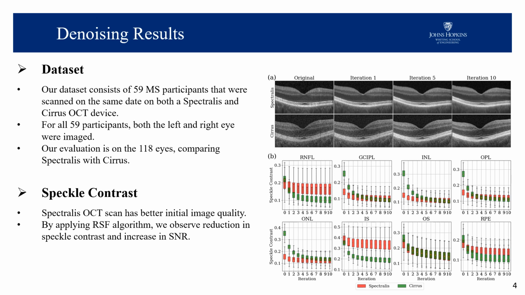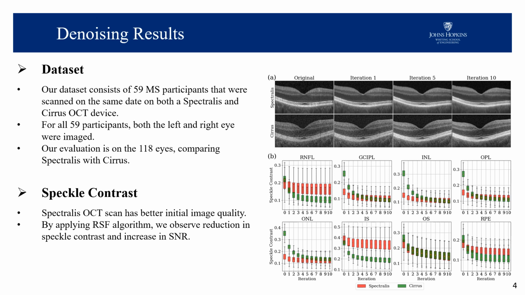The horizontal axis shows the iteration step, where 0 represents the original image. The vertical axis shows the value of speckle contrast, which is calculated as the standard deviation divided by the mean. The red plots show the speckle contrast value for Spectralis, and the green plots show the speckle contrast value for Cirrus.